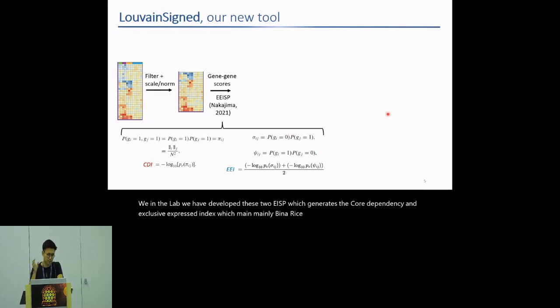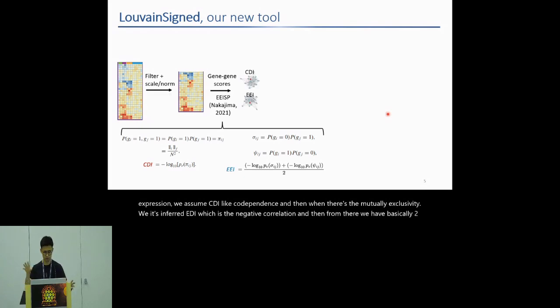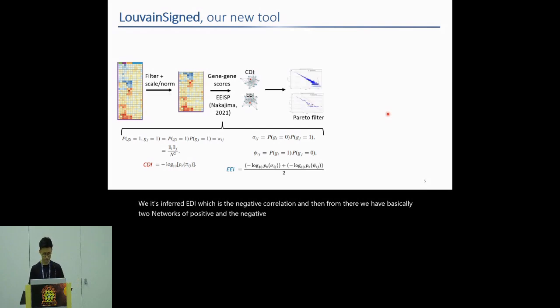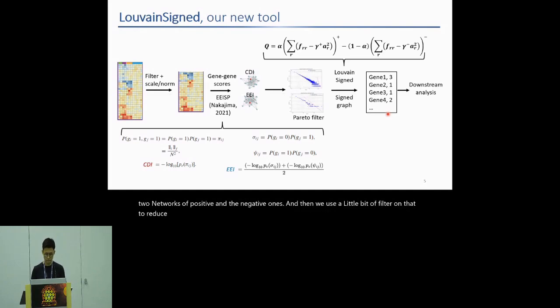When we have co-observation of expression, we assume CDI, codependence. When there is mutual exclusivity, it infers the EI, which is the negative correlation. From there, we have two networks, the positive and the negative ones, and then we use a little bit of filtering on that to reduce the numbers.